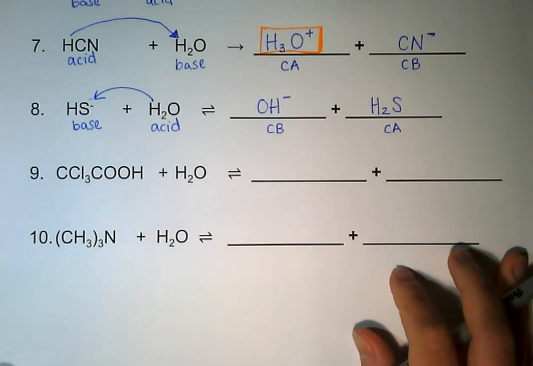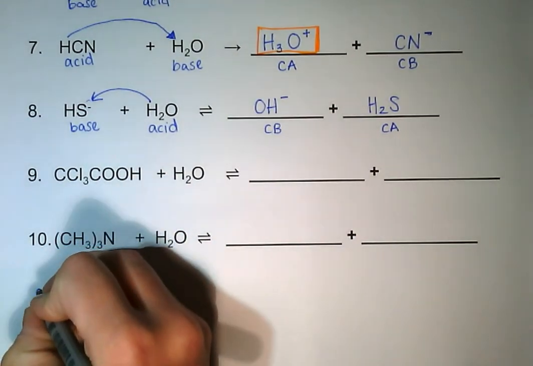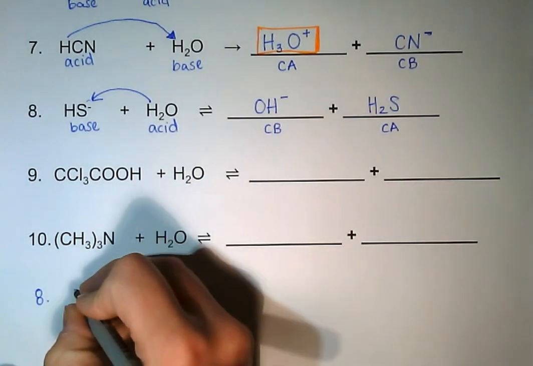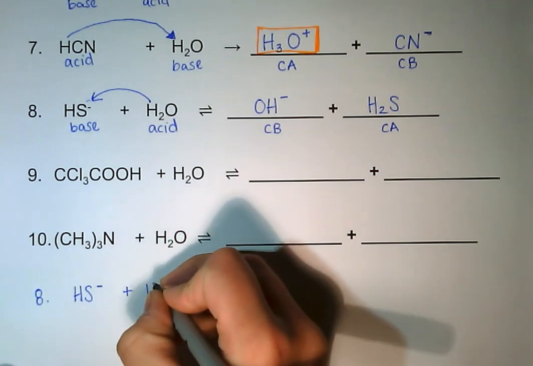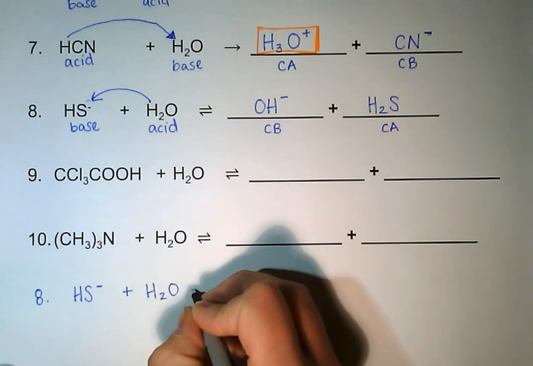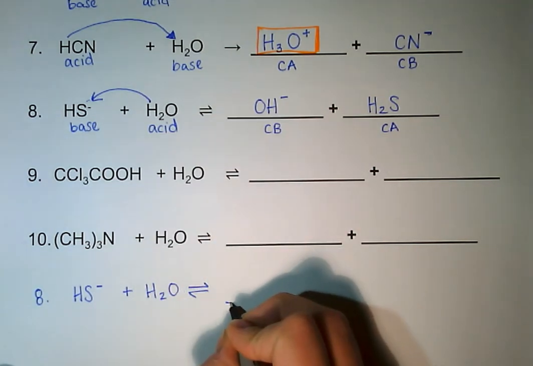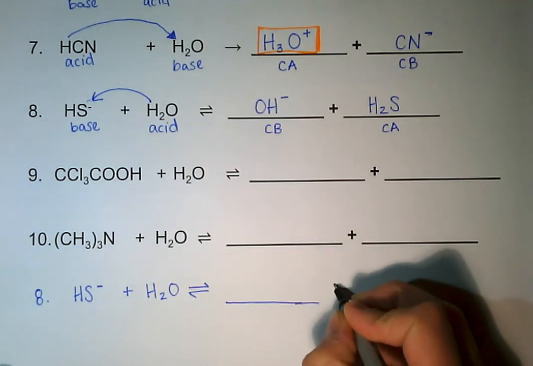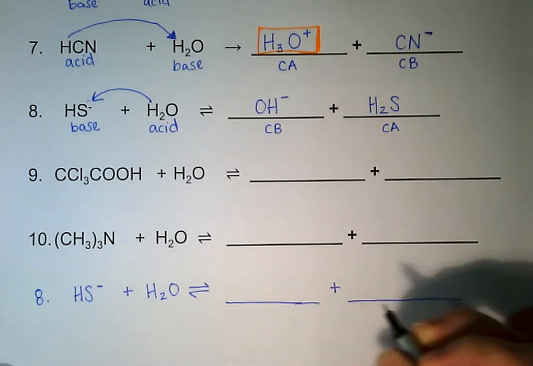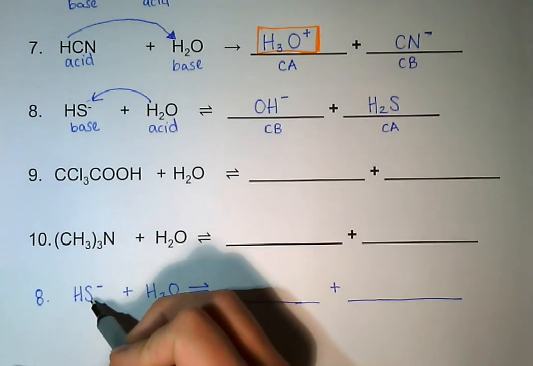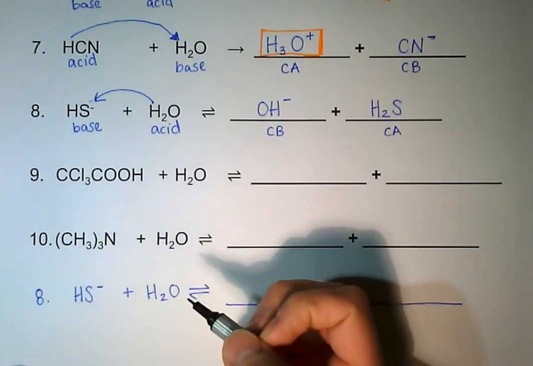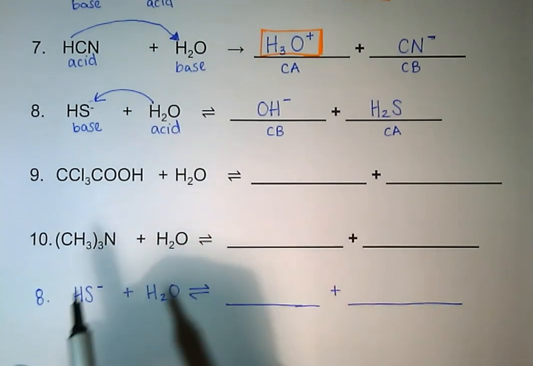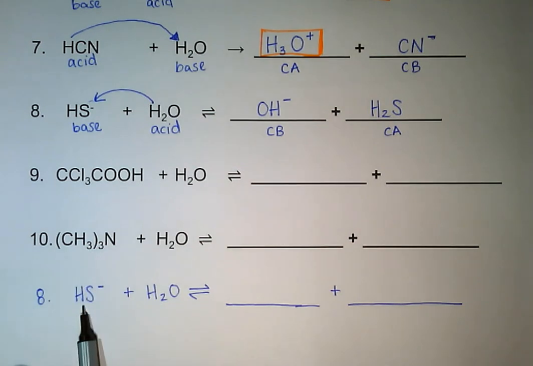So I'm going to redo number 8 here at the bottom. Number 8, we have HS minus plus H2O, which gives us two different things. And let's look at it if we assume that instead of behaving as a base, HS minus is going to behave as an acid, because it could behave as an acid. It has a hydrogen ion to donate.